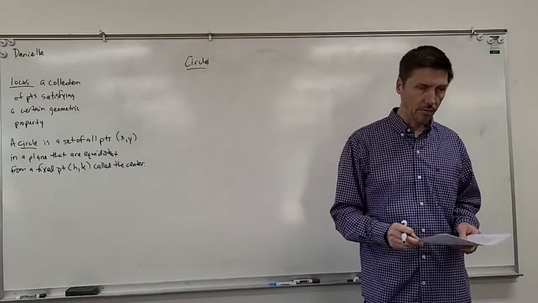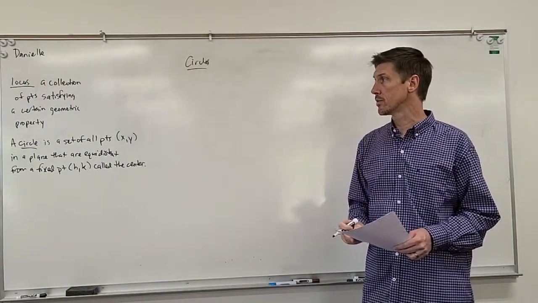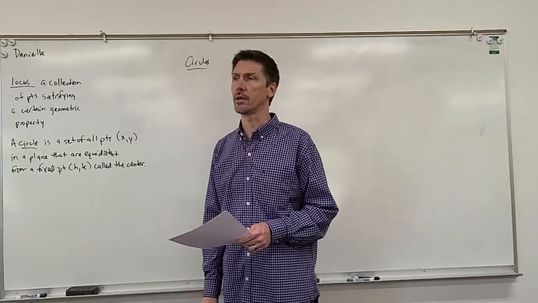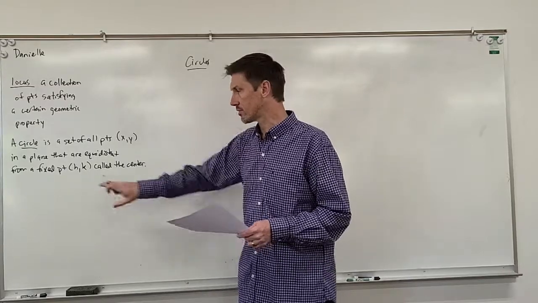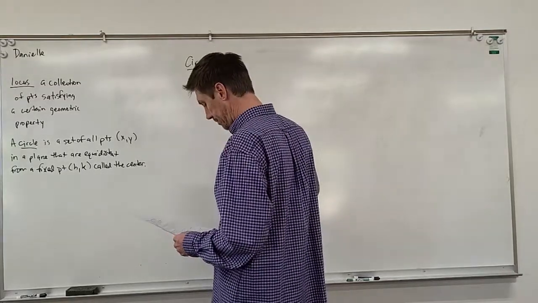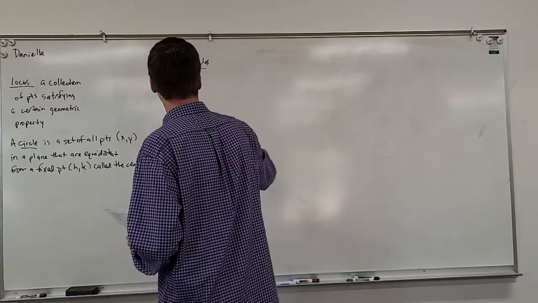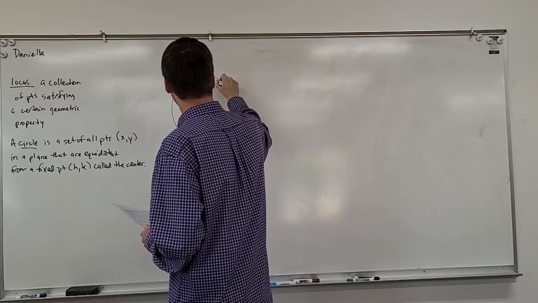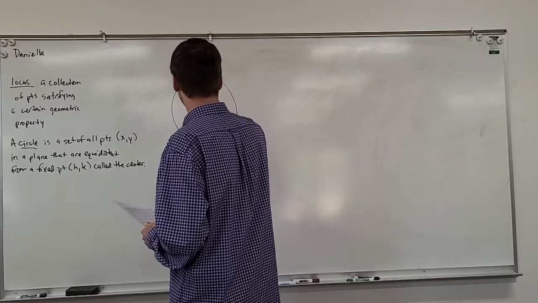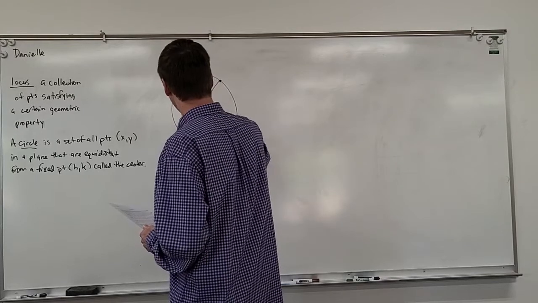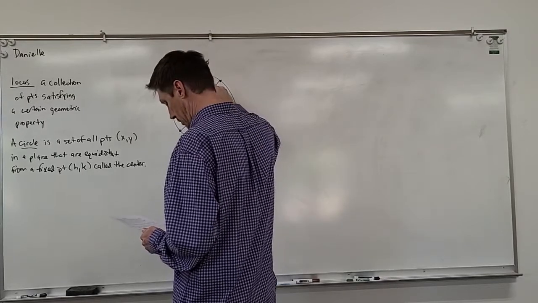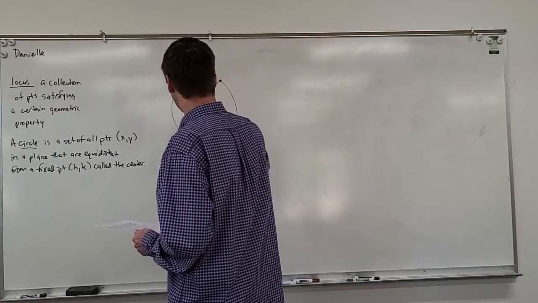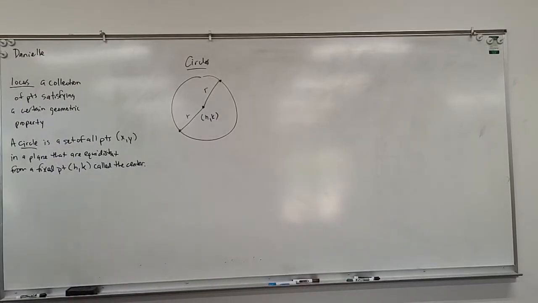So nothing groundbreaking so far, right? When we had our equation of a circle, we remember we have a center point called h, k, and it makes sense to us that all of the points on the circle are equidistant from that center point. So we've got a shape that looks like this, h, k in the middle. Whatever point we choose here, there, or over here, this distance, which in a circle we call the radius, is going to be the same regardless of what point we pick on the edge of our circle.